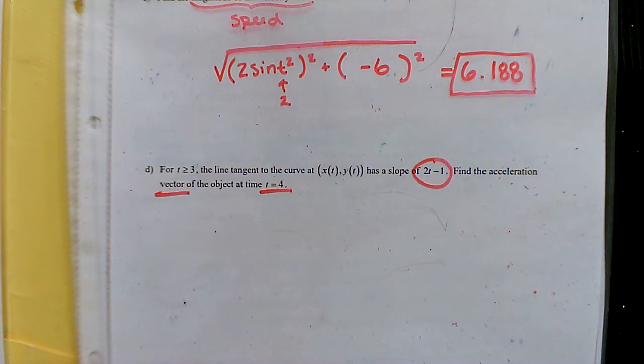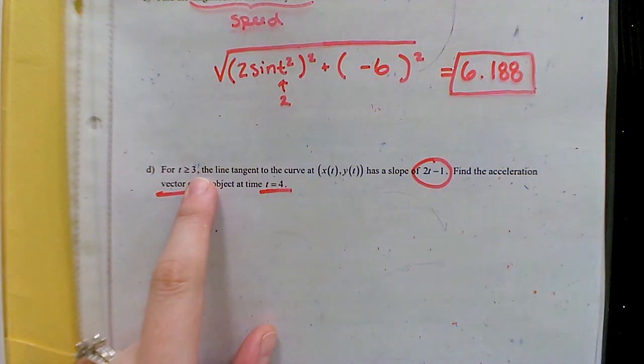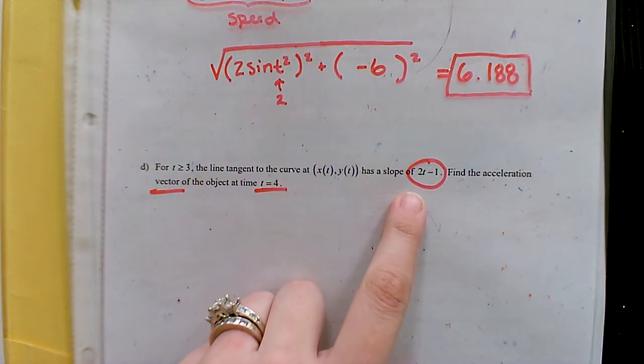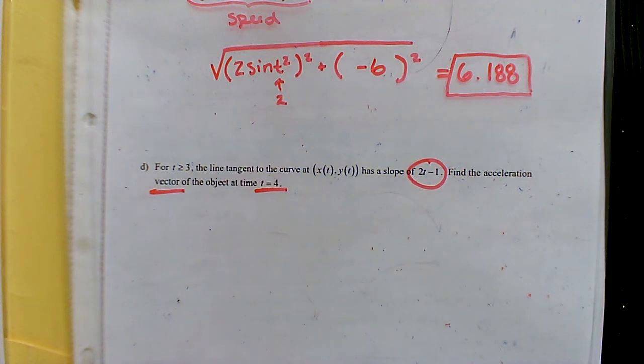Okay, so we know the x derivative that was given to us at the very beginning, but they only gave us the y derivative at time 2. They said that was -6. Notice how for this time we're looking at 3 or more, so we cannot use that -6 as the y derivative. But they do tell us something about the overall slope. It's 2t minus 1.